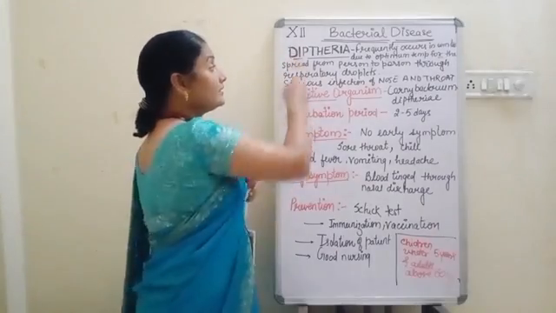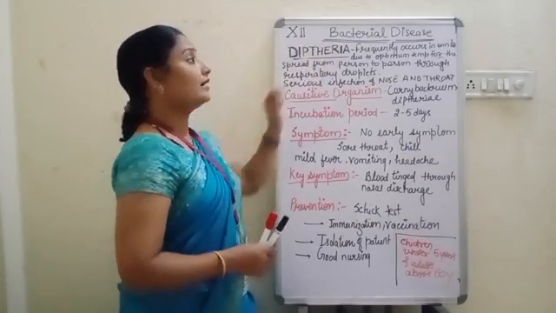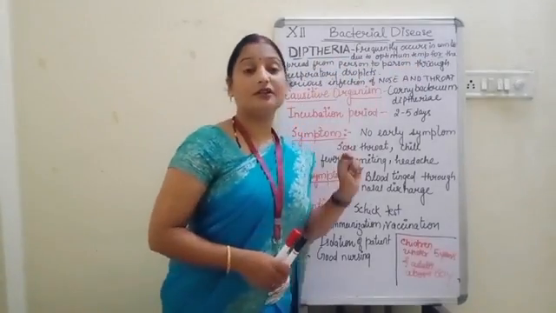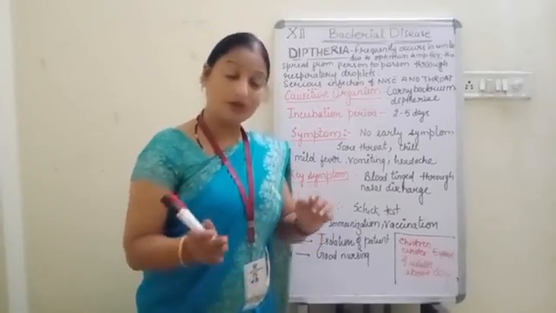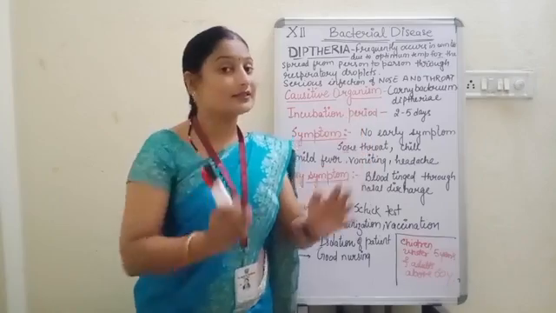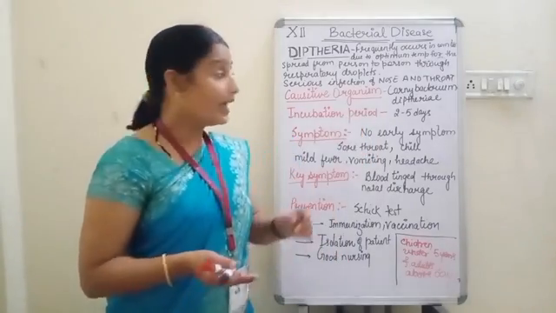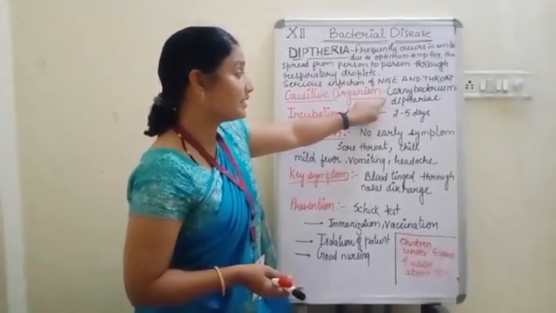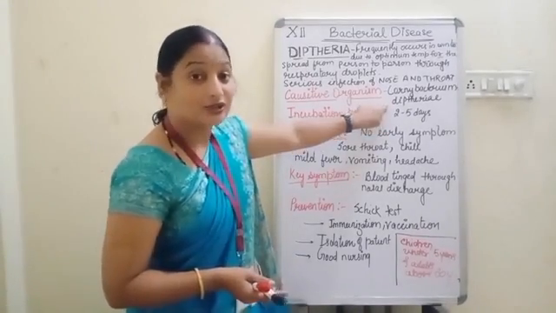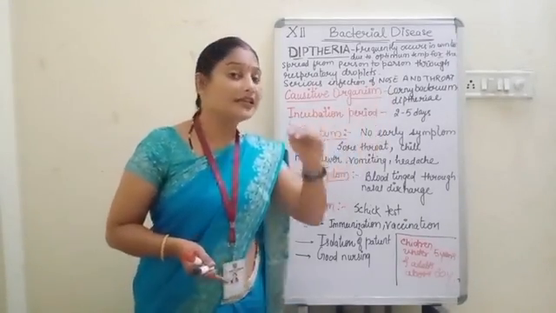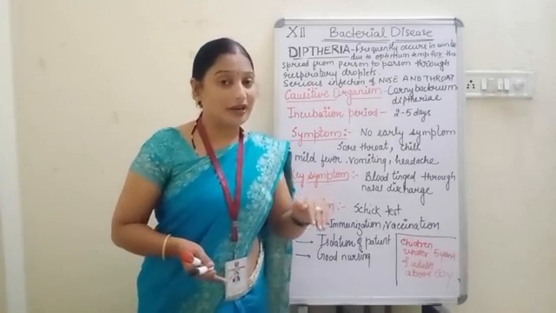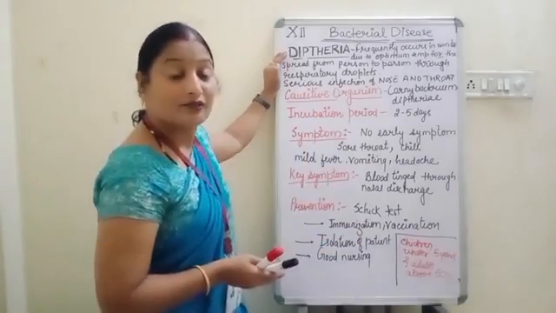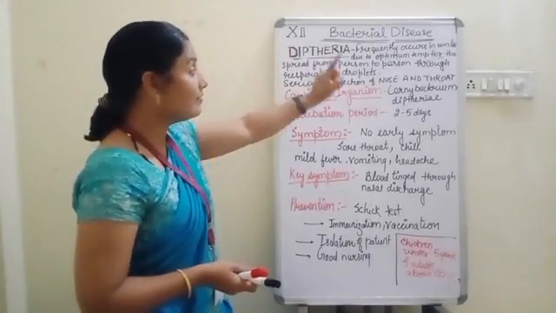Now see, this diphtheria frequently occurs in winters due to the optimum temperature for the growth of the bacteria, because bacteria require a certain temperature where they can grow, and this is caused by the bacteria named Corynebacterium diphtheriae. So this Corynebacterium diphtheriae needs low temperature for its growth and development, and that's why this diphtheria frequently occurs in winter.